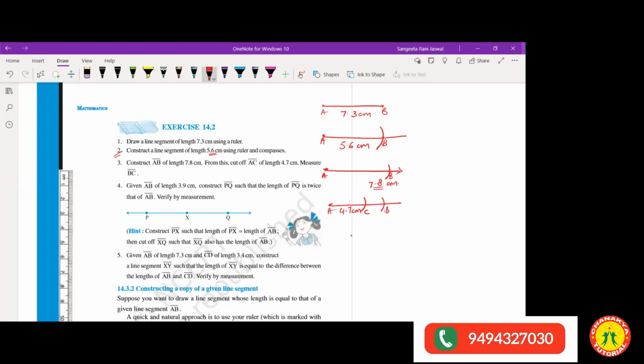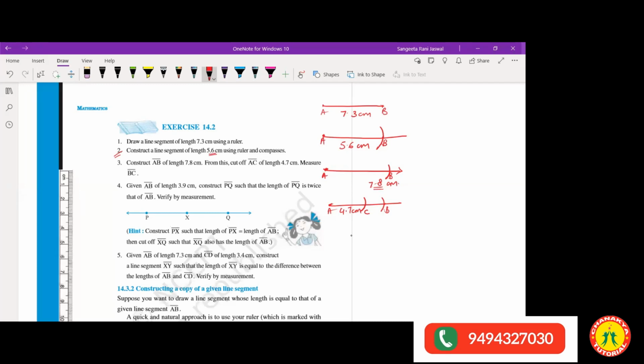Ma'am, shall I say? Yes. Ma'am, first we have to draw a line segment named AB. We have to mark the points at the ends. First, we have to measure and draw a line segment, and then construct PQ such that it is twice of AB.